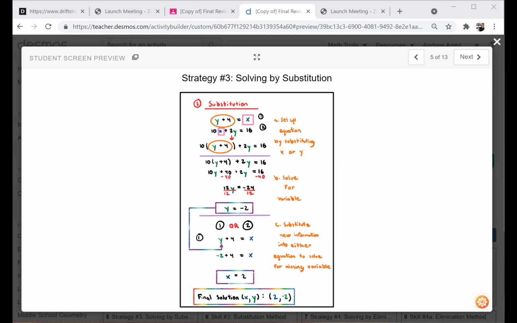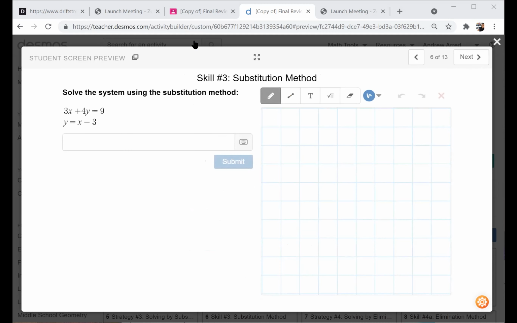Okay, class. Well, I want to leave you to keep going with this. Can I just share though? If you're doing substitution correctly, remember it was this one. 3x plus 4y equals 9.